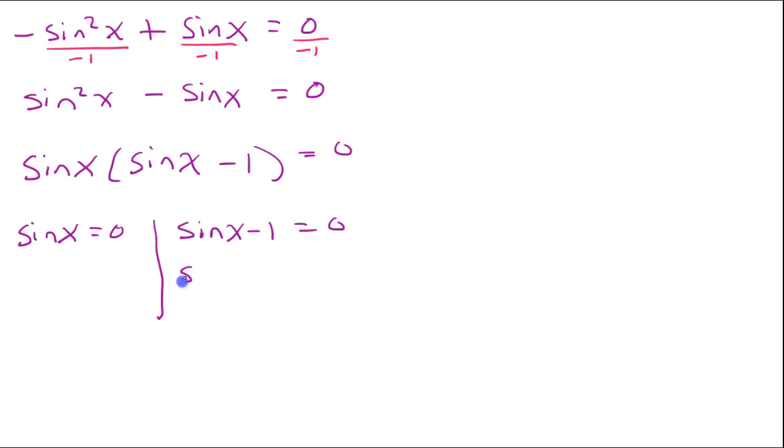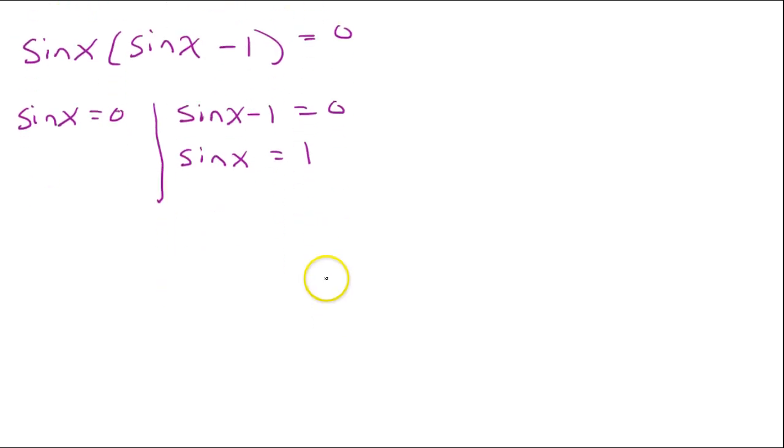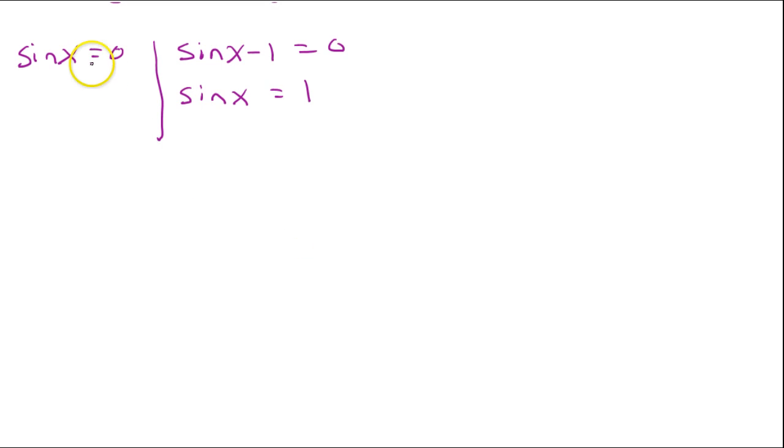Adding 1 to both sides, I get sine x equals 1. Okay, so the sine of what angle is 0? The sine of what angle is equal to 1? The answer to both of these sounds like quadrantal angles.